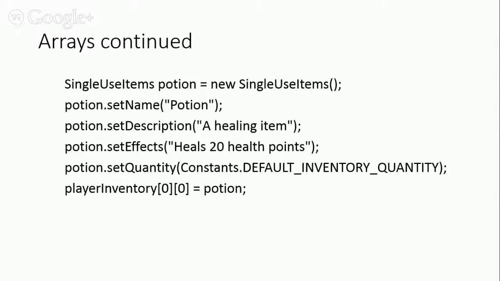So down at the bottom, when we say player inventory 0 0 equals potion, we're setting the single-use item that we created up at the top to that position in the array. Then later, if we want to reference it, we can just call that position, and it has all of these attributes in there.